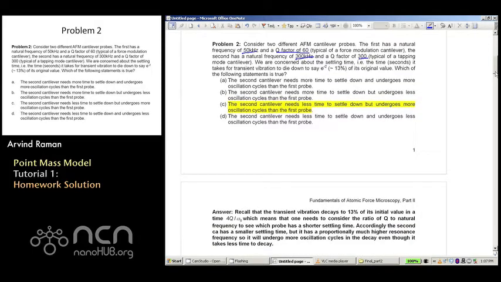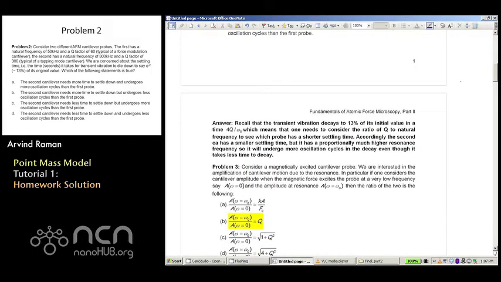And the key result here has to do with the fact that when we looked at how much time it takes for the vibrations to decay to, let's say, 13% of the original value, that time, the decay time or the settling time, scales as the Q factor divided by the natural frequency. So probe 1 has a lower Q factor, however it has an even lower resonance frequency.